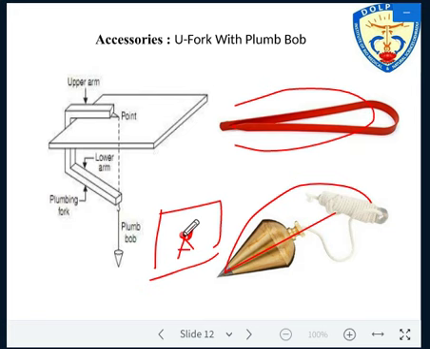So the purpose of this U fork with plumb bob is to transfer the ground point onto the sheet. It is the ground point, and then we are transferring the ground point on the sheet itself, right? So this is the use of the U fork with plumb bob.